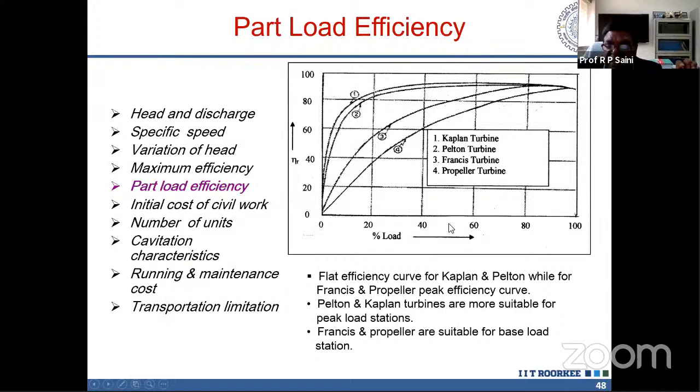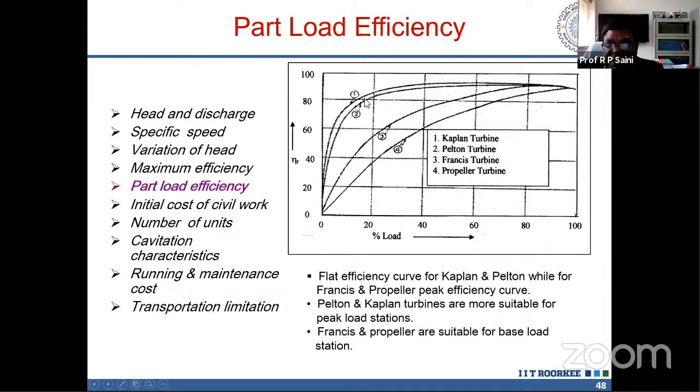But if the turbine is operating at part load, its efficiency and behavior will be different. You can see that the first one, the Kaplan turbine, can operate over a wider range of variation. From 20% to 100%, if you vary the load, its efficiency will be almost the same. The second is the Pelton turbine.